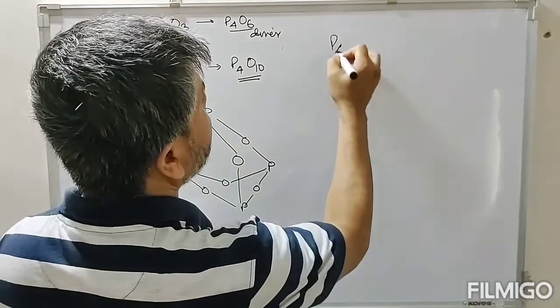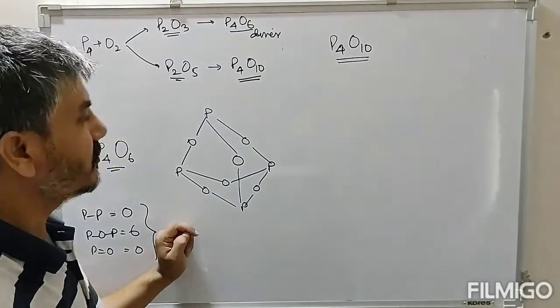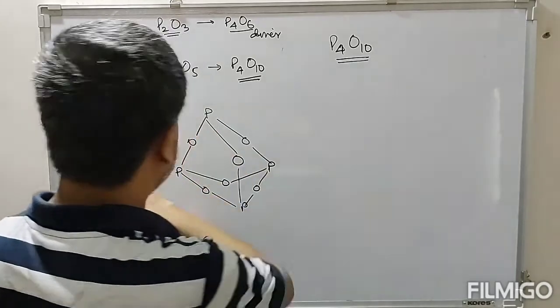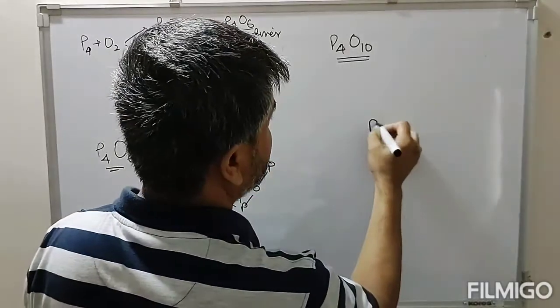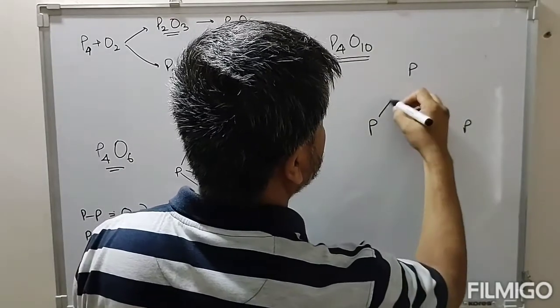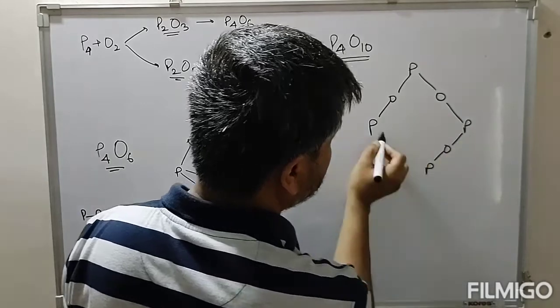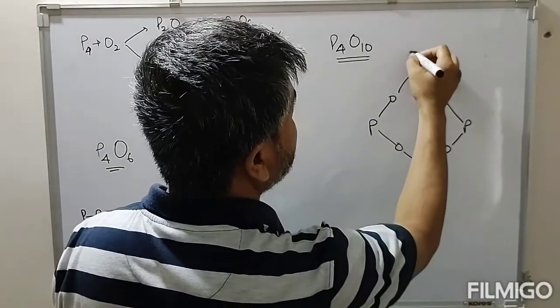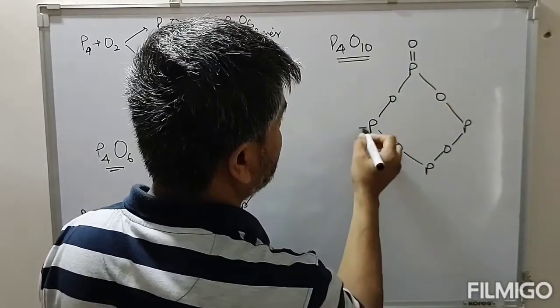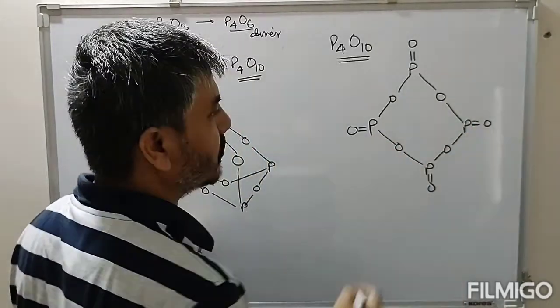Now coming to P4O10. This P4O10 has a structure similar to P4O6. So we have phosphorus occupying the 4 corners of a tetrahedron with P-O-P bridge bonds, and each phosphorus has a double bond to oxygen, or we can say a dative bond.